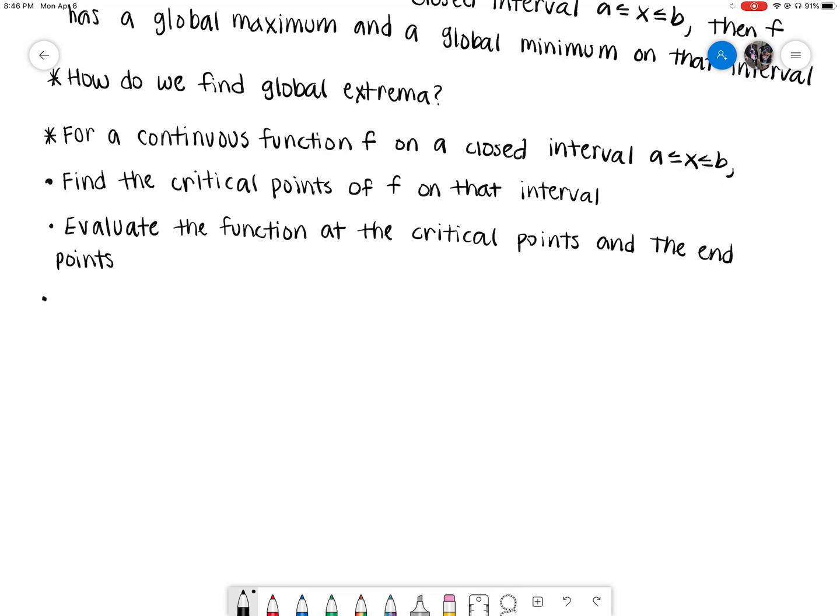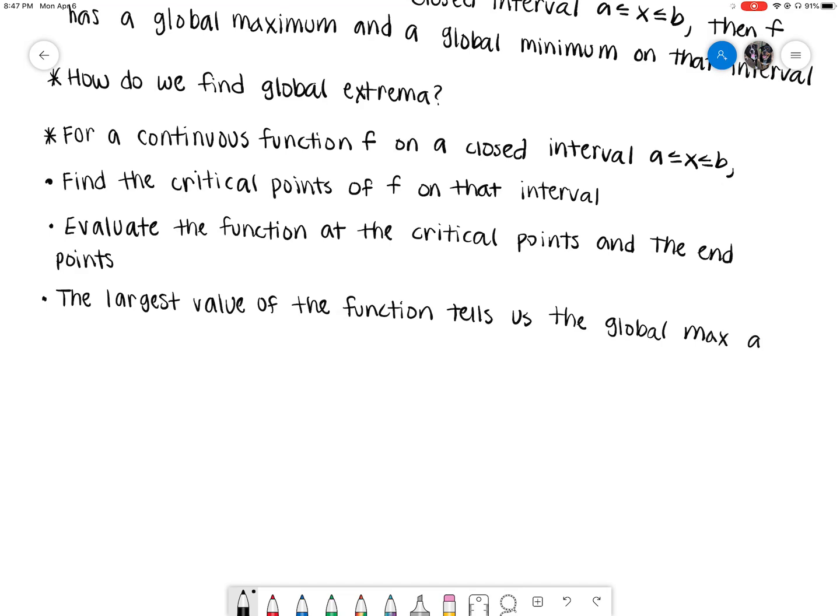The largest value of the function tells us the global max, and the smallest value of the function tells us the global min.